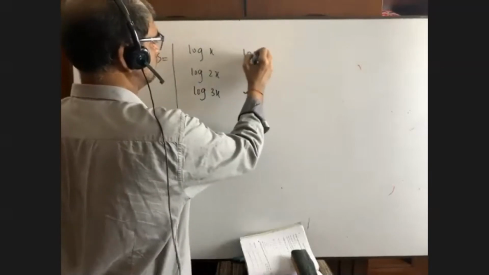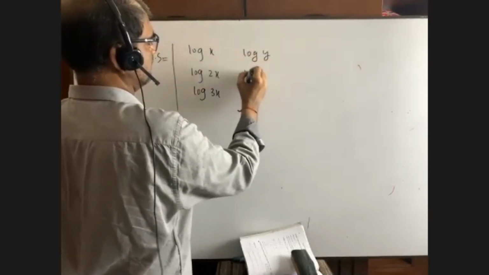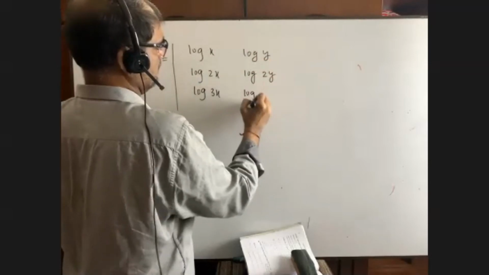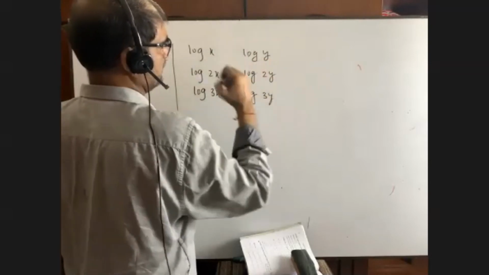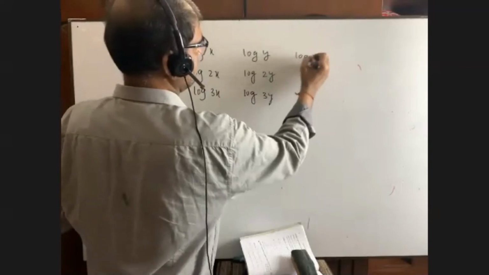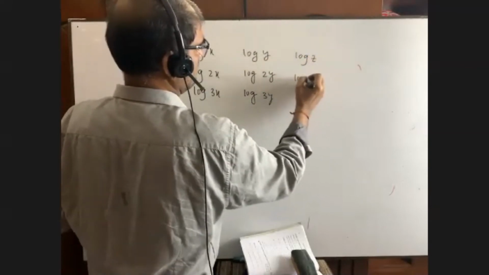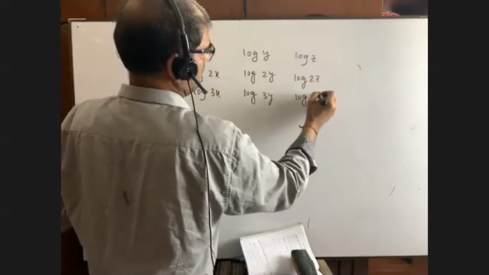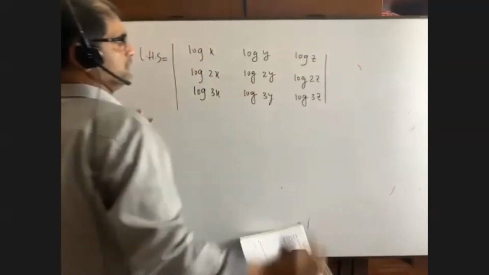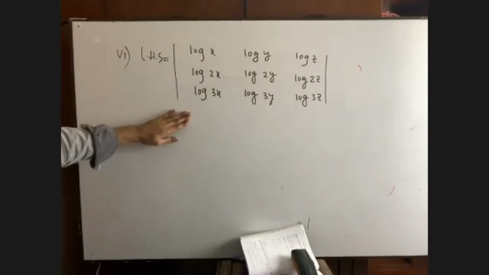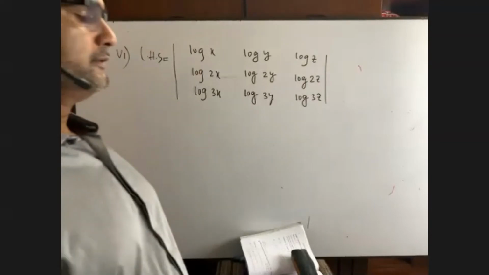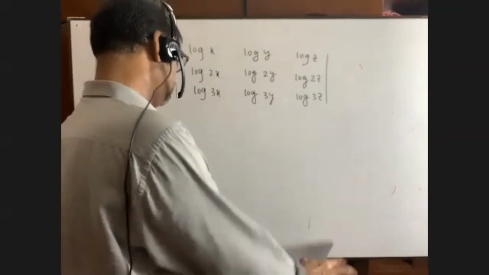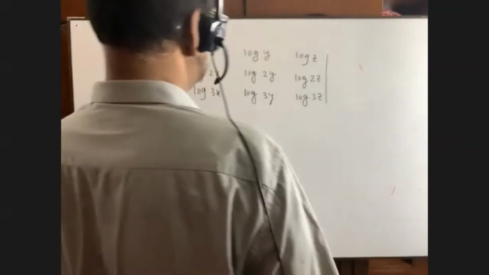Log y, log 2y, log 3y. It is log z, log 2z, log 3z. Our right hand side is 0.